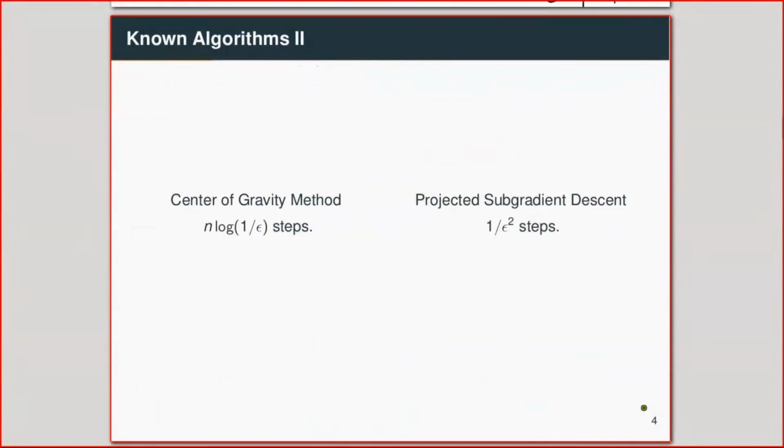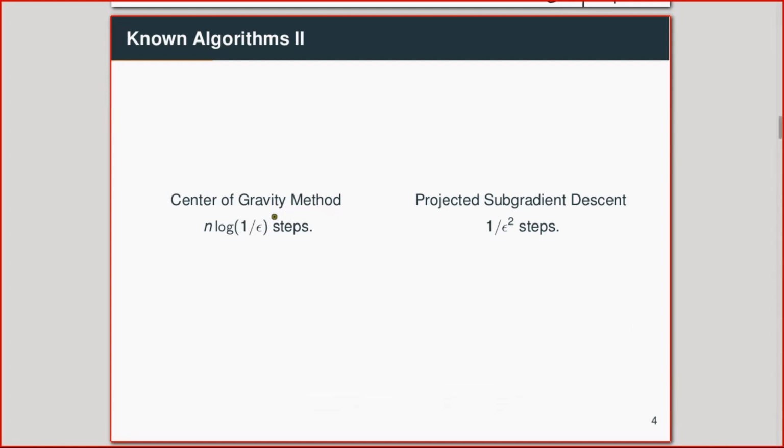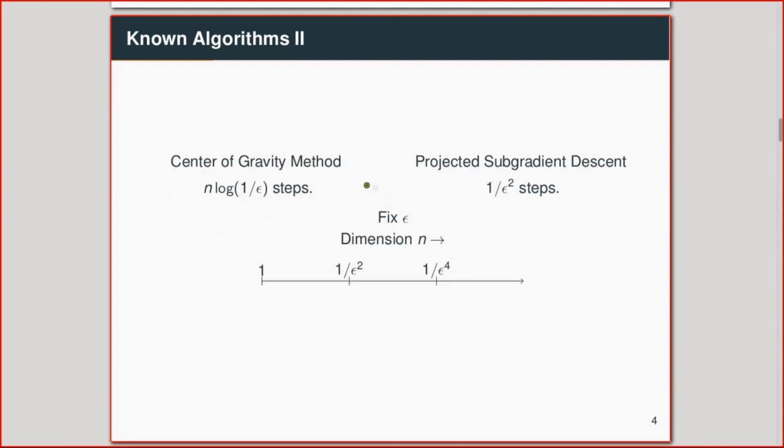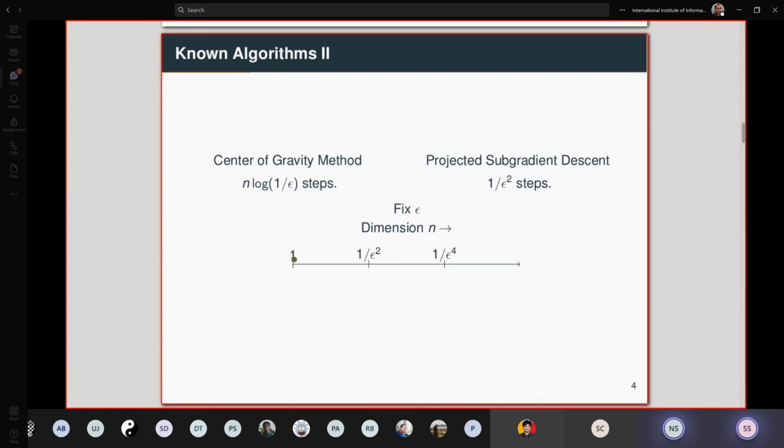Cool. So these are the 2 major algorithms, and we'll see when exactly one is better than the other. So let's just fix some small value epsilon, and let's look at as the dimension increases, between 1 and 1 by epsilon squared, the center of gravity method should be more efficient because its complexity is just n steps.